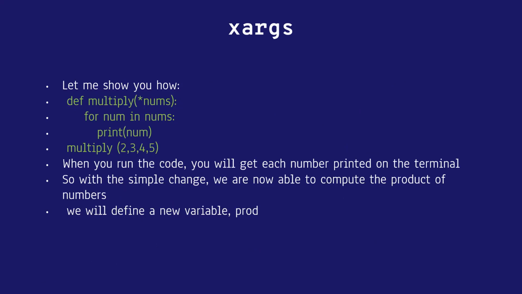So let's define the function. We're still using the same function, so we have the arguments there. For num in nums, print num. Then we call that function using multiply 2, 3, 4.